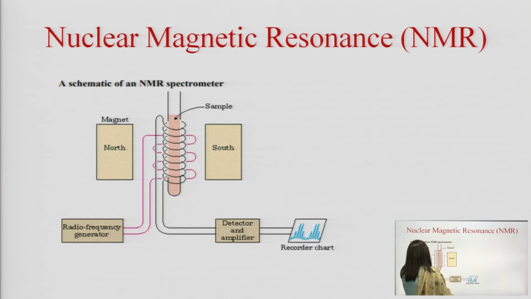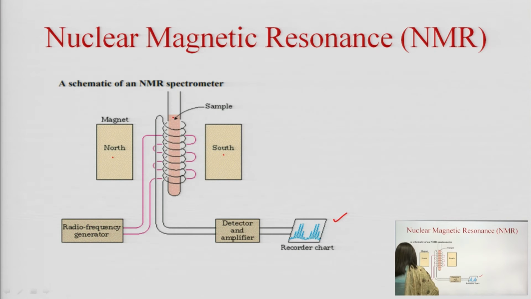This is the schematic diagram or representation of the nuclear magnetic resonator. Here you can see the two poles of the electromagnet. In between, the sample in solution is kept. These are the coils around the sample, whose signals are detected and amplified, and finally a record chart is taken.